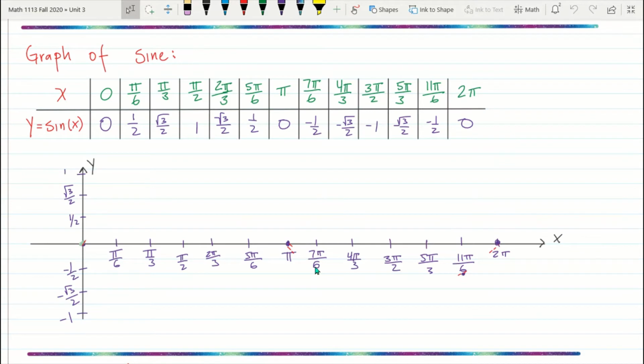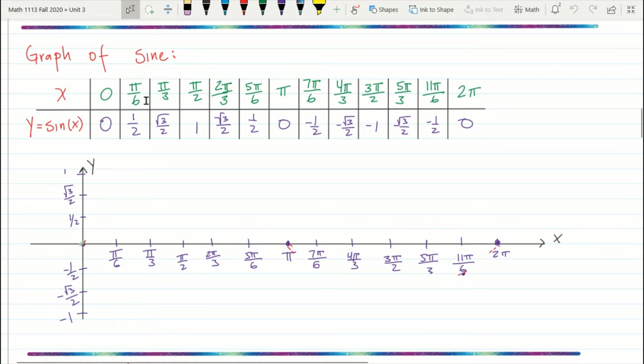Okay, how are we going to create the graph of the function sine? It's going to be by using some of the ordered pairs from the unit circle that we know. So x being the inputs, if we were plugging 0, sine at 0 is 0.